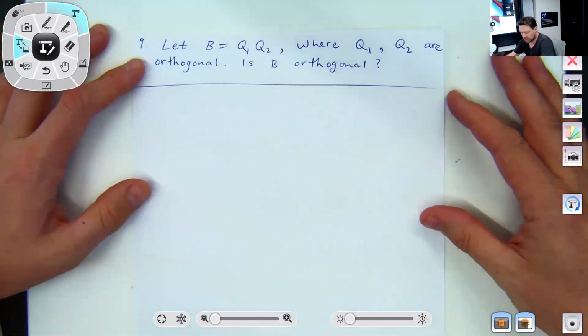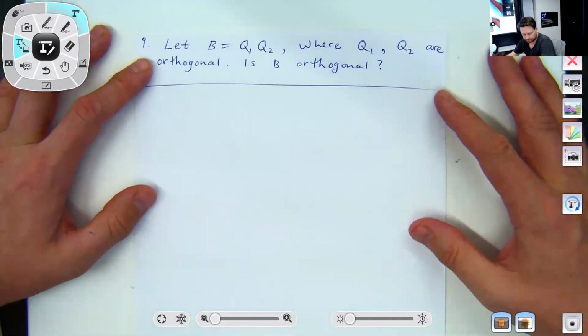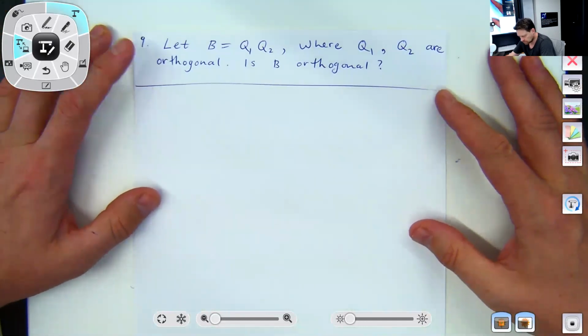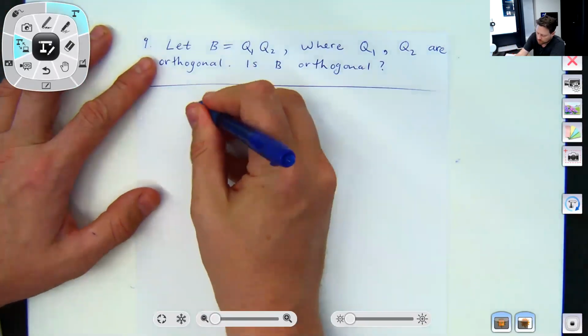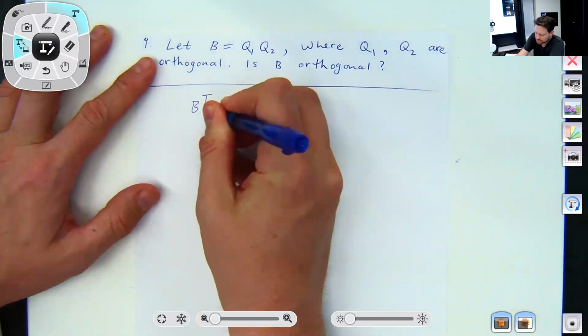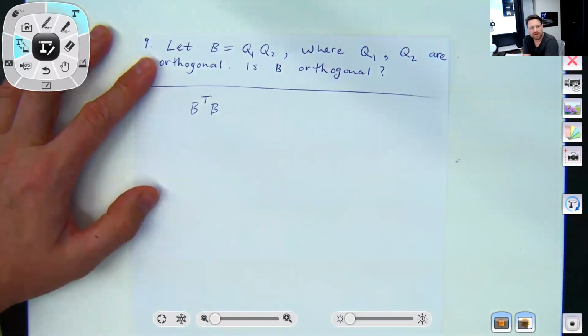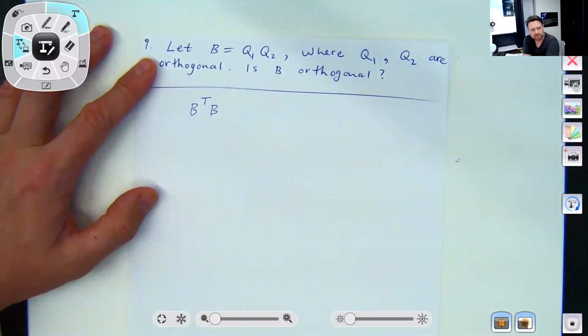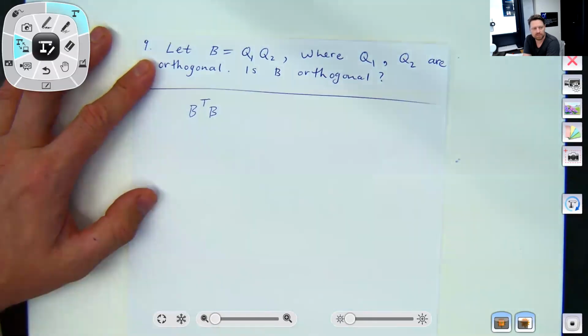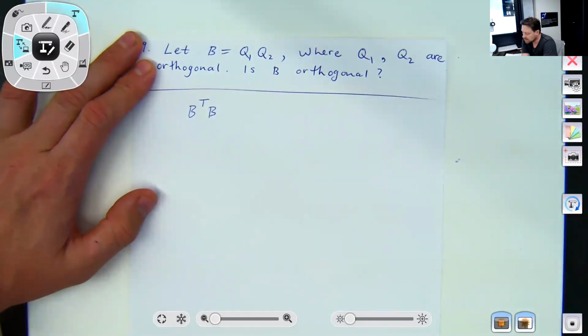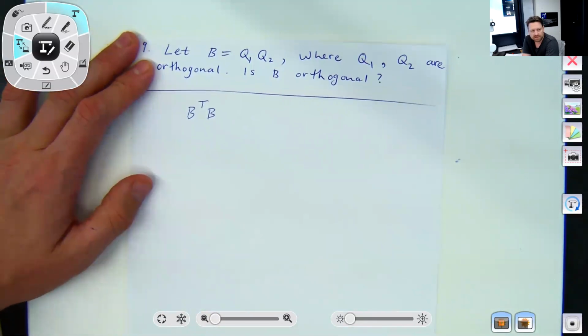Okay, and so what we need to do is take, okay, so if it were orthogonal, we would be looking at B transpose B, and we would be hoping, for starters, that that's equal to the identity, because if it is, then we're more or less done, right? We would find that this is orthogonal.